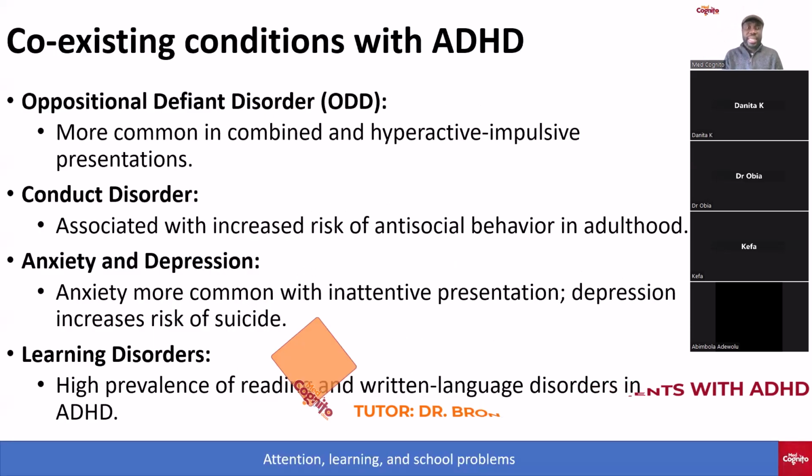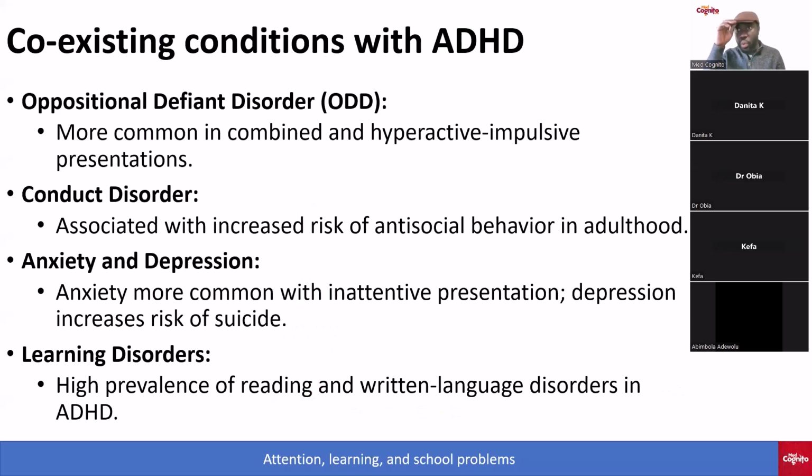Okay, good. Next, what are some coexisting conditions that can go with ADHD? Very important. Number one, they can present with oppositional defiant disorder. Usually, which class of people under ADHD have oppositional defiant disorder? Those who have the combined hyperactive impulsive presentations. What about conduct disorder?